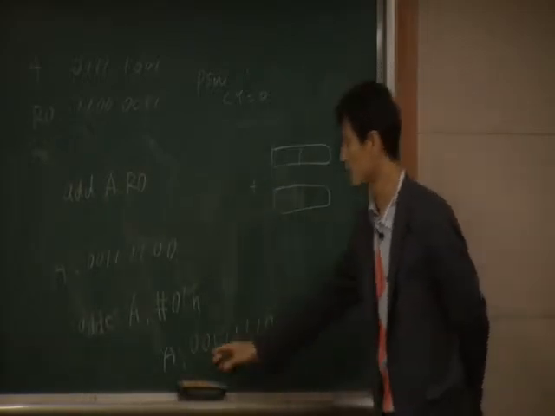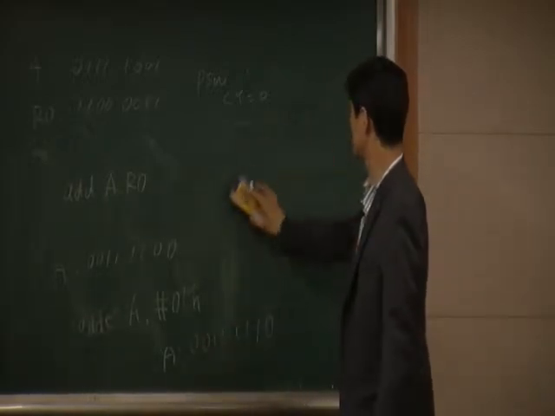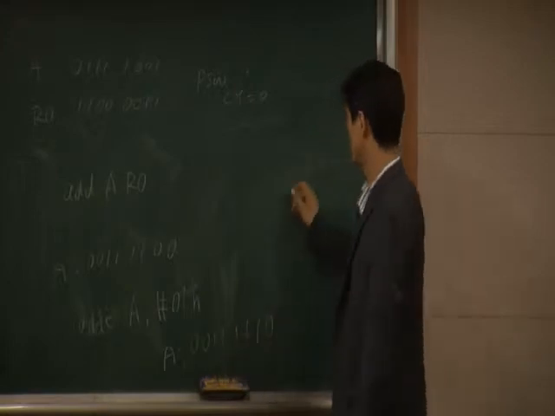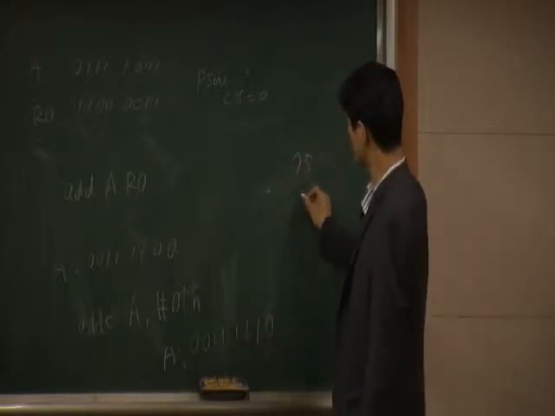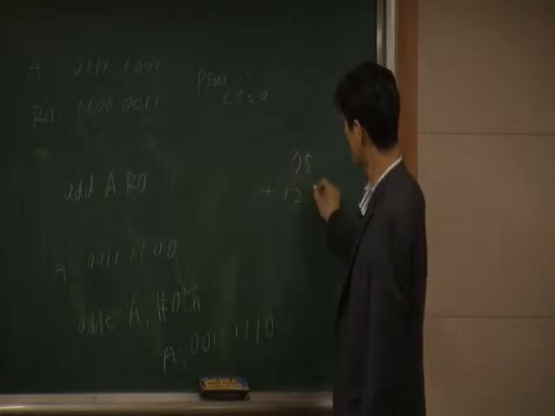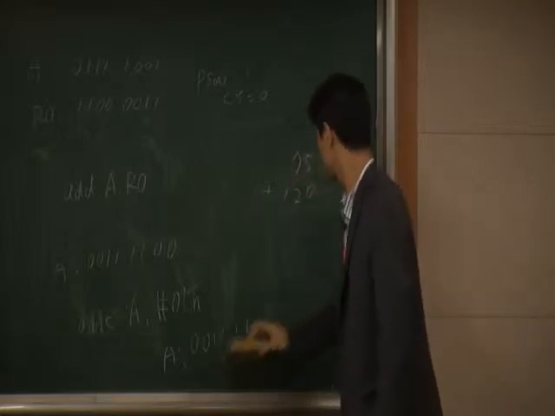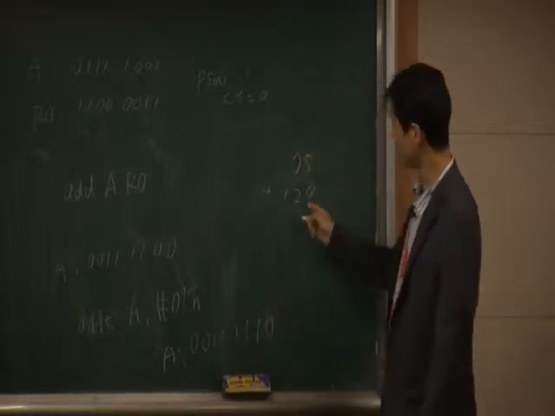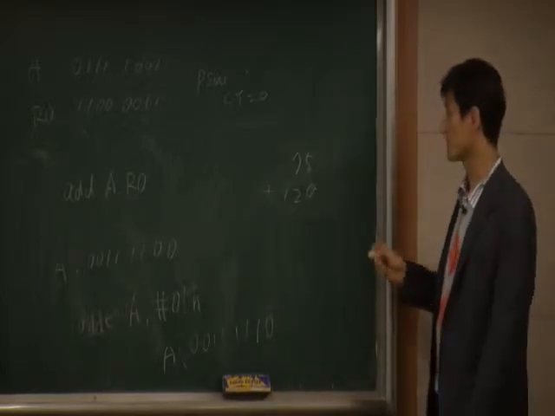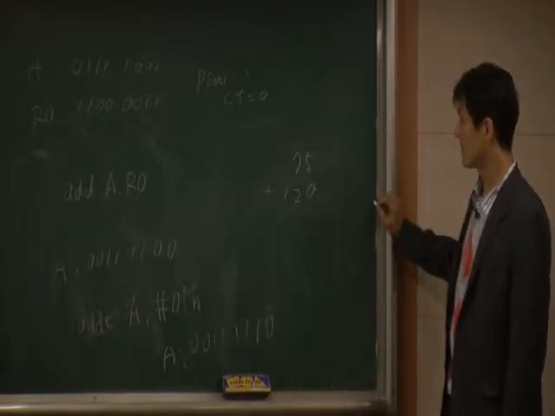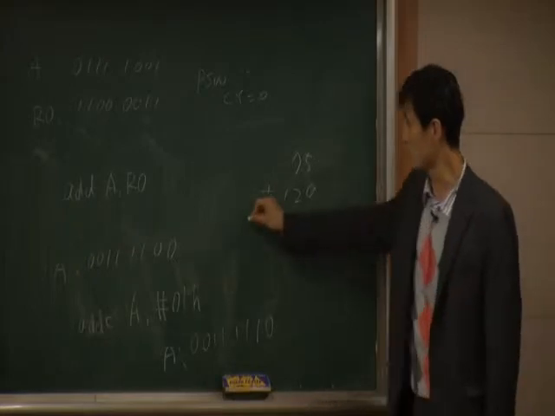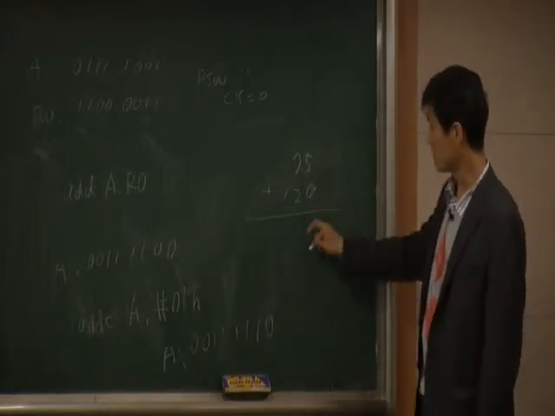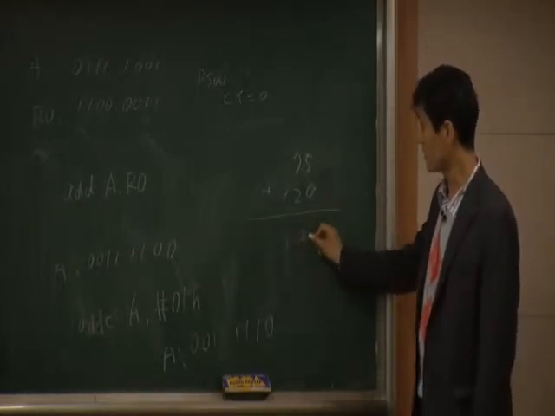In this case, big number means, let's say I want to add 75 plus 129. Yeah. Let's say I want to add these things. In this case, when you do addition, it becomes 195.